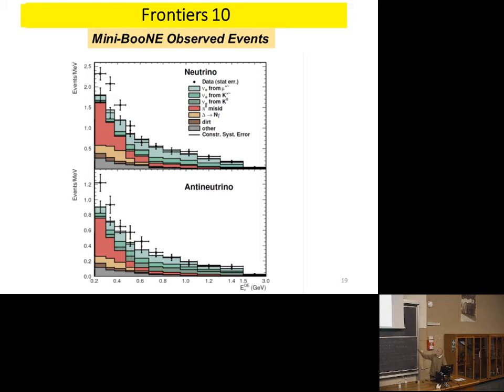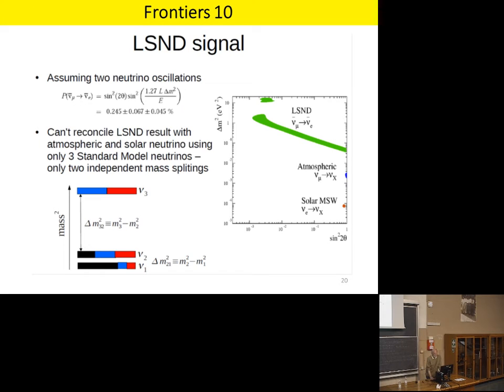All the colored parts of the graph are all the things we know about, and yet the data is higher than that, so there seems to be the possibility that you start one way and you find that you have antineutrinos or neutrinos that come from the others. This has been cited as evidence for another neutrino or, more complicated, what I'll talk about the rest of this time and next time, neutrino oscillations.